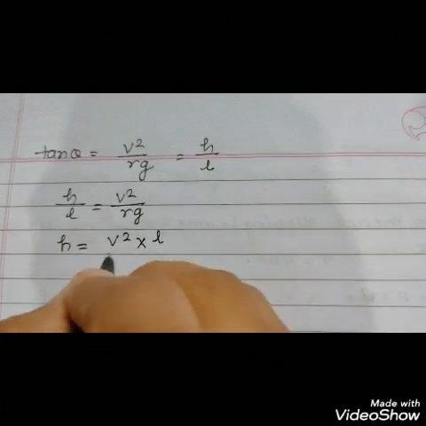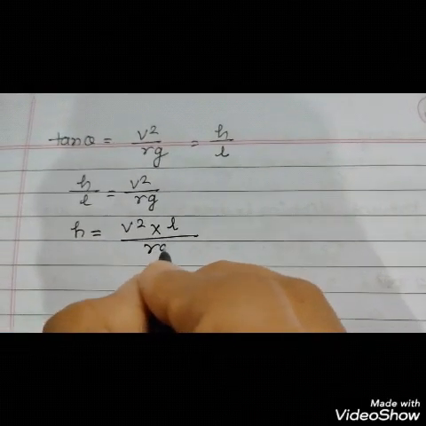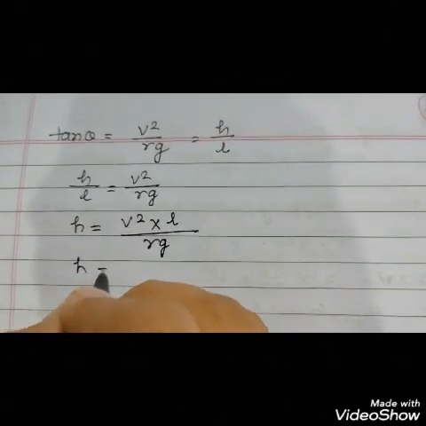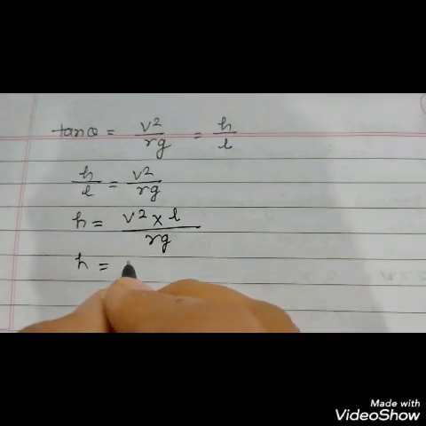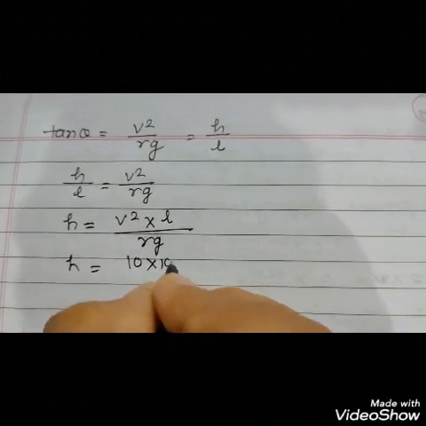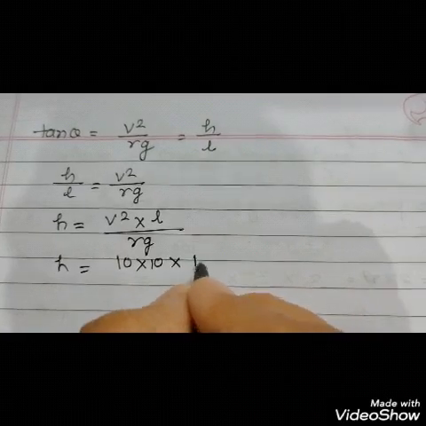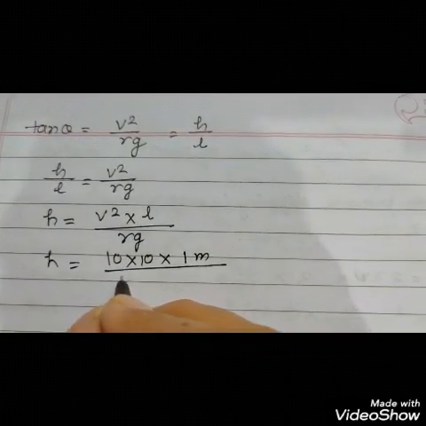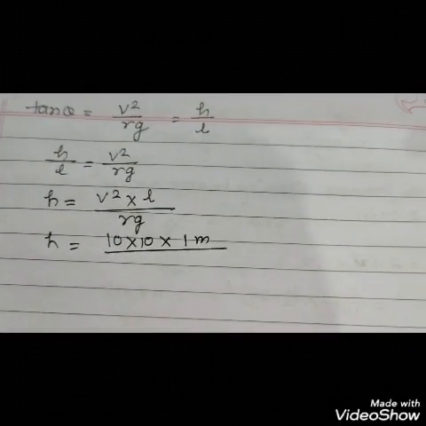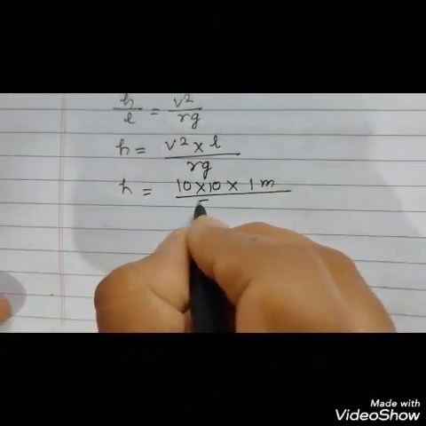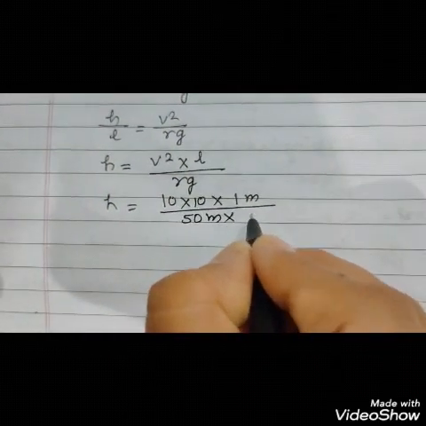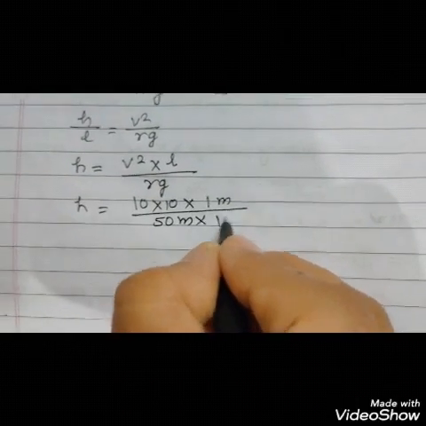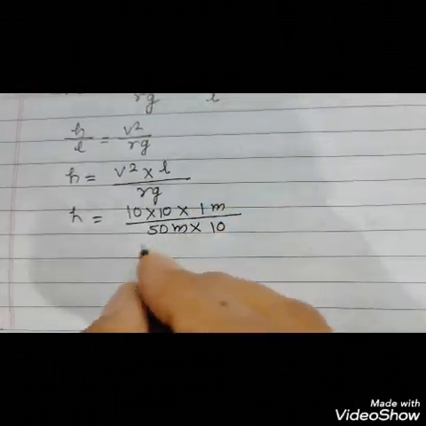So h is equal to v square into L upon rg, and v is given here 10 meter per second, so 10 into 10. L is given 1 meter here, and the radius of curvature is given 50 meter, and g I am taking here as 10 meter per second square.